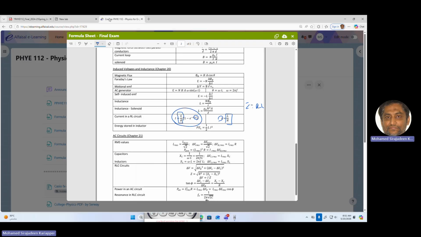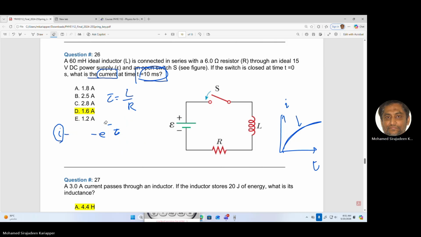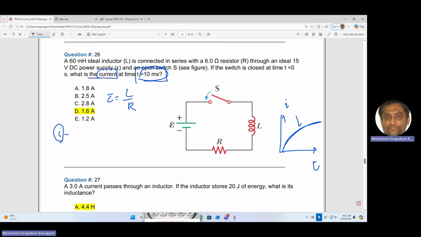So let me rewrite the equation again. This is the current, it will come eventually. It will not come to this current at once.